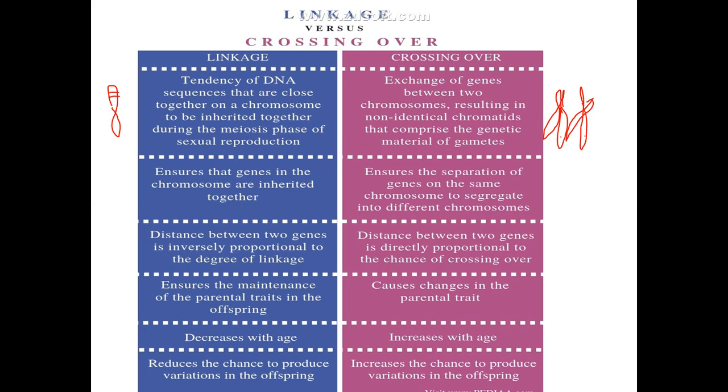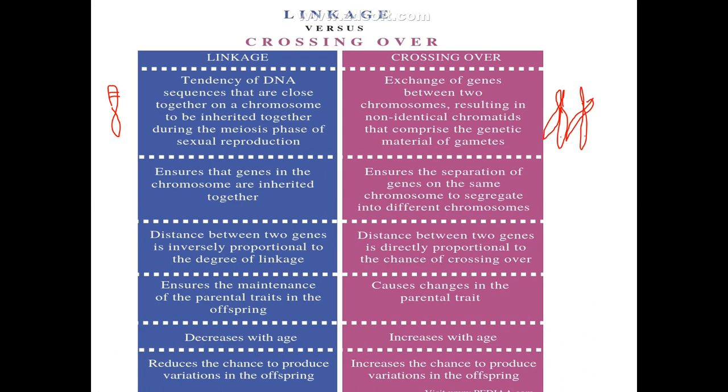With aging, linkage decreases, but crossing over increases as we age. So linkage reduces the chance of producing variation in the offspring. Why? Because the two genes are linked, and whatever is present together just gets inherited from my parent to me, so I don't have any change.